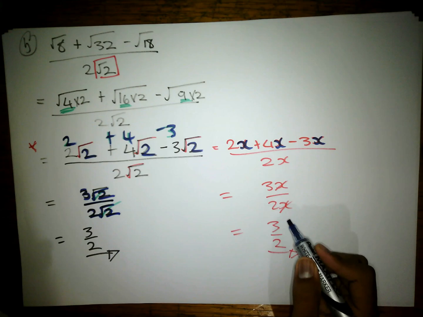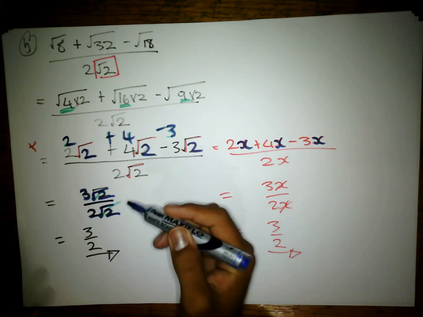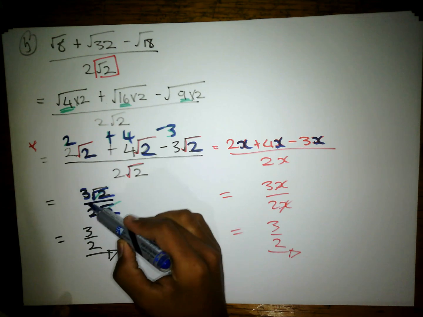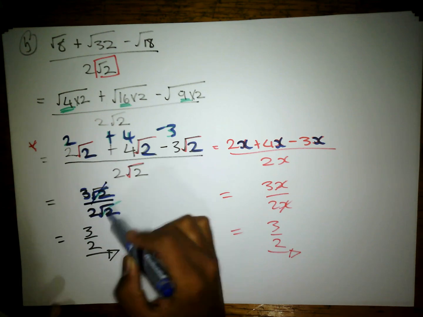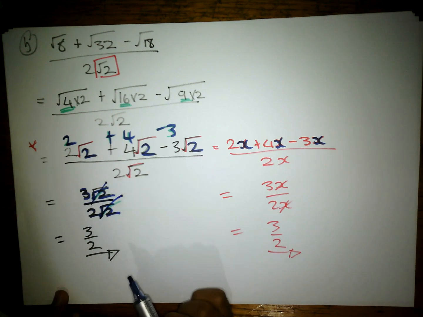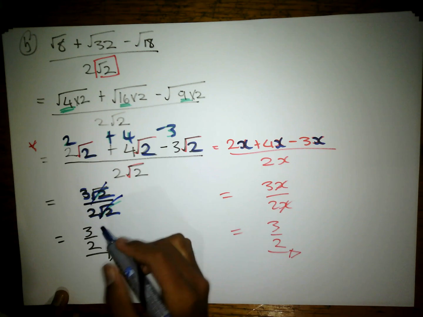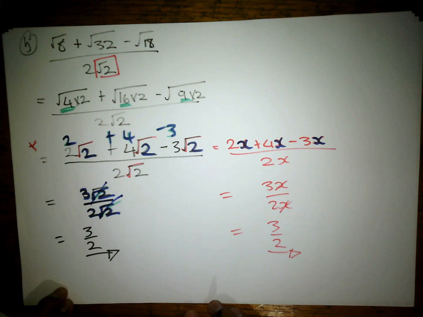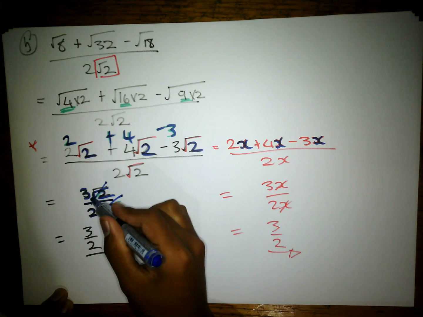Then we see what we can do further. We can cancel that square root 2 on top and the square root 2 at the bottom, and we're left with 3 over 2. That is how we have a 3 here and this 2 over here.